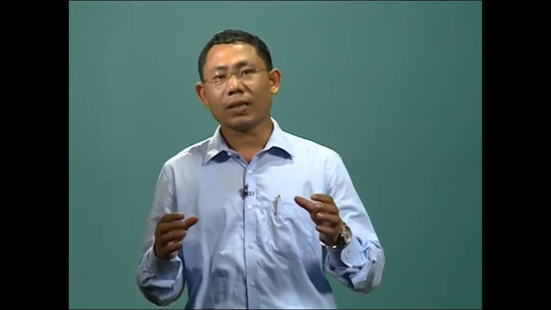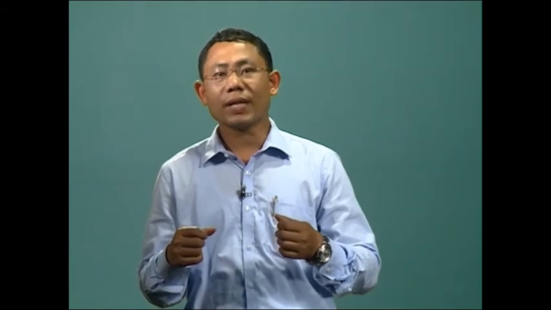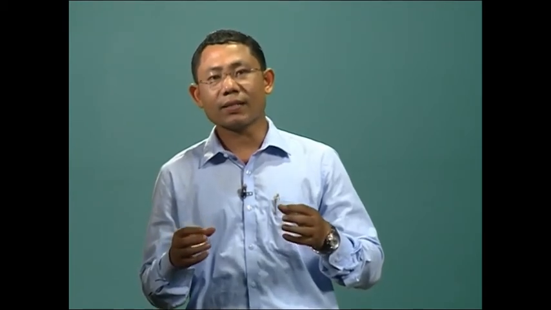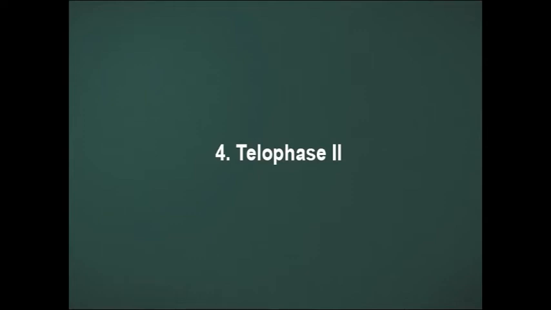The daughter chromosomes move towards the opposite poles due to the shortening of the chromosomal microtubules and stretching of interzonal microtubules of the spindle. The fourth stage is telophase 2. The chromosomes reach the opposite poles.